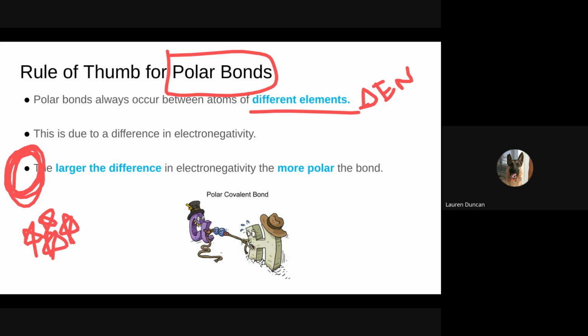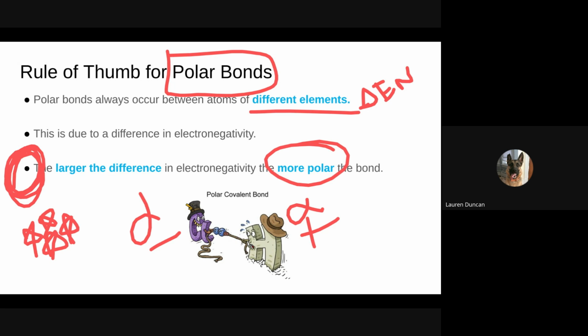When a bond is more polar than some other bond, what that means is the strength of the partial negative and the partial positive poles on those bonds, like it's still partial, right? If you say one bond is more polar than some other bond, it means the strength of those partial charges is stronger in the bond that's more polar.